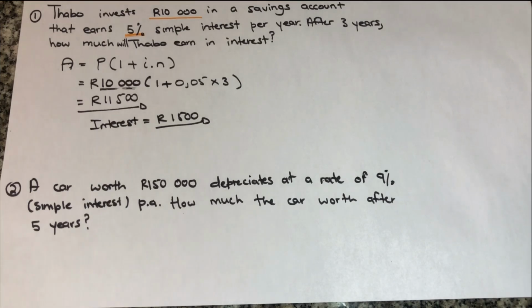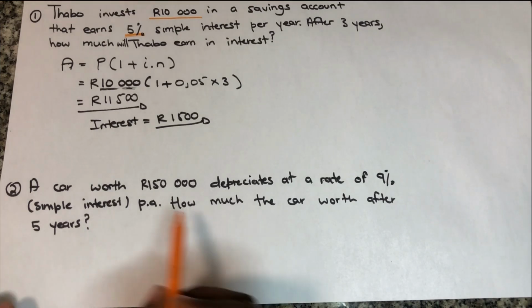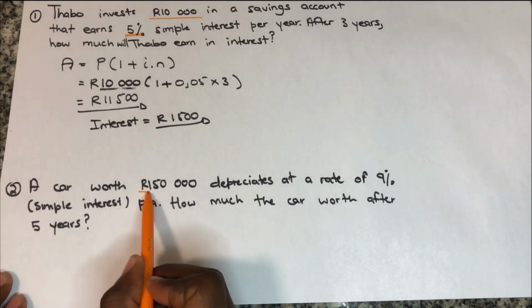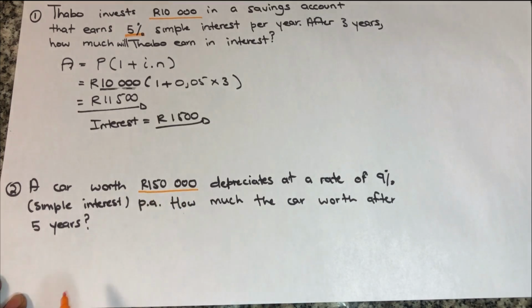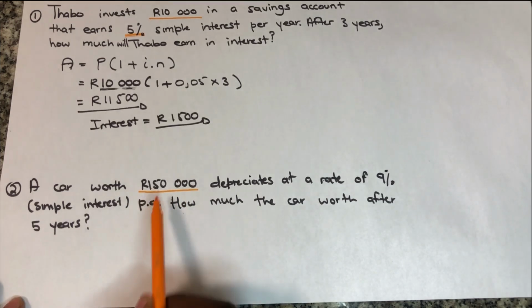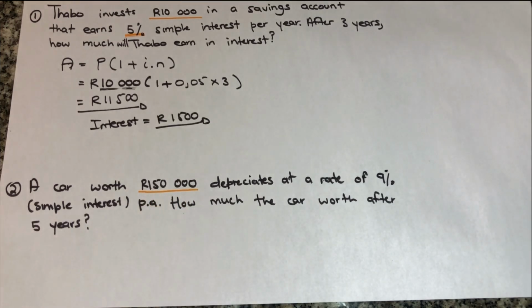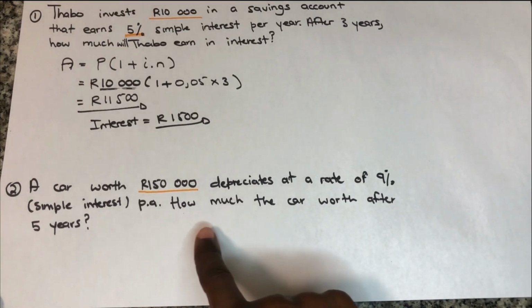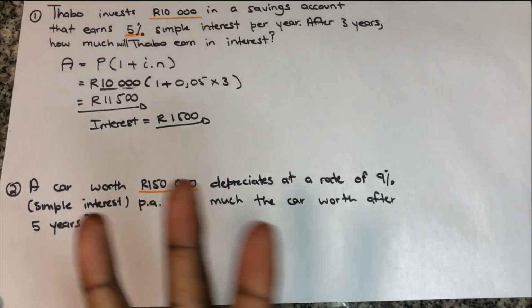Remember, the car is worth 150,000 initially, but it depreciates, so the value of the car goes down as time goes. When you buy an asset and keep using it, the value decreases. So now we're going to calculate how much the car is worth after 5 years.